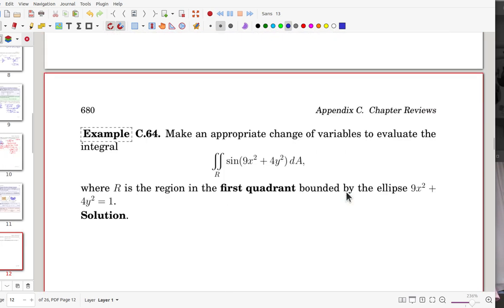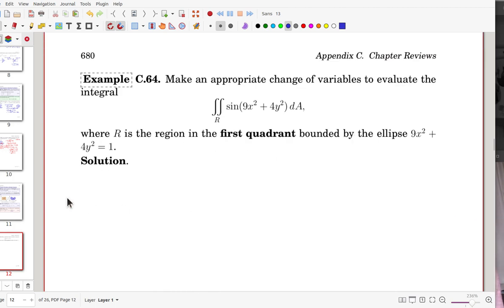Okay. Let's try to solve some problems here. Make an appropriate change of variables to evaluate the integral. Here R is the region in the first quadrant bounded by the ellipse 9x squared plus 4y squared is 1. Right now the region R is given in this way.